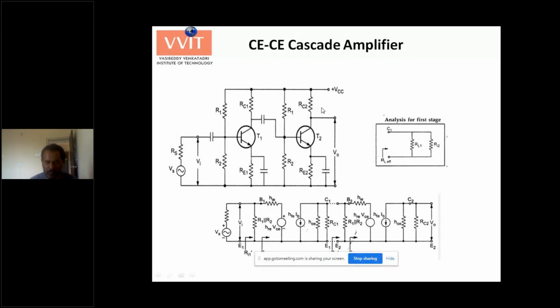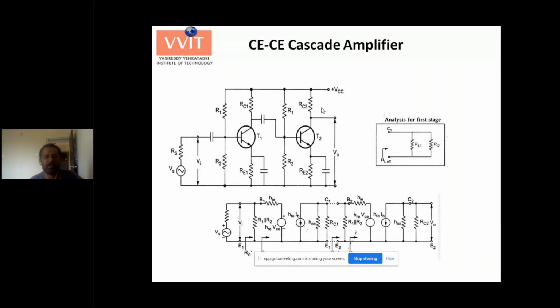While doing analysis, first of all, you had better start by drawing AC equivalents. Once you are familiar with AC equivalent circuits, there is less chance of making any mistake. You can easily identify where to place R1, where to place R2, and you can find the location of RC1, where to connect RC1.